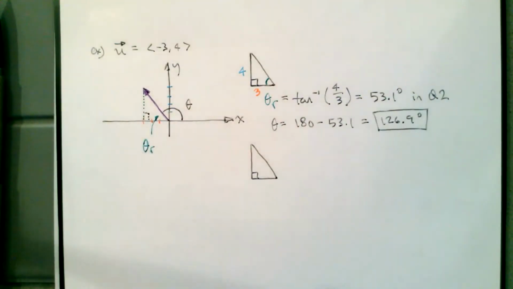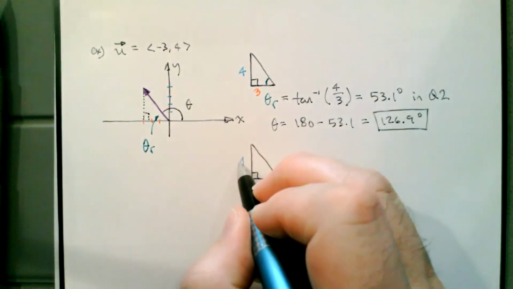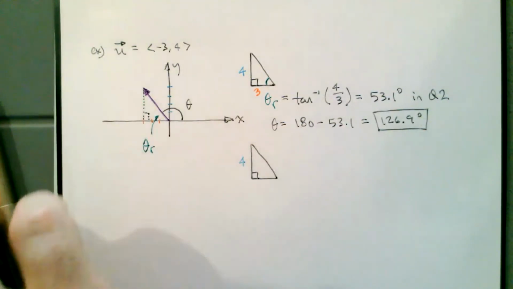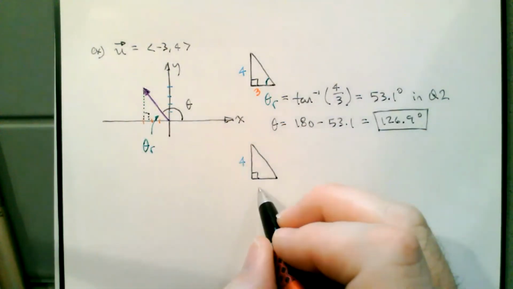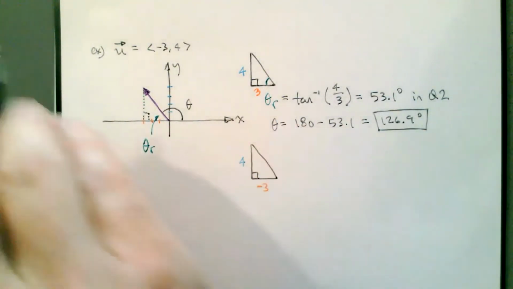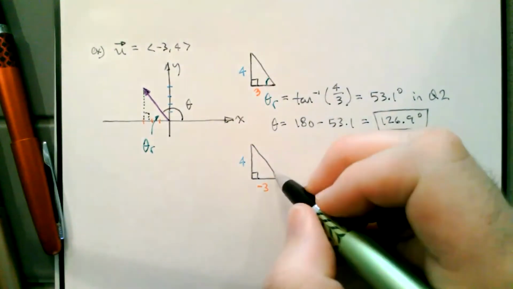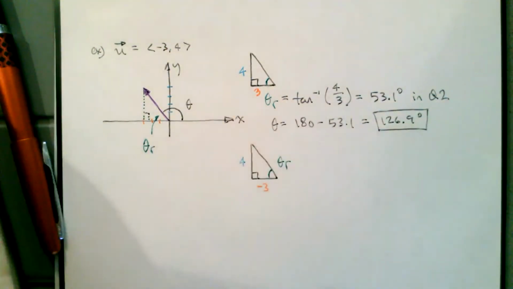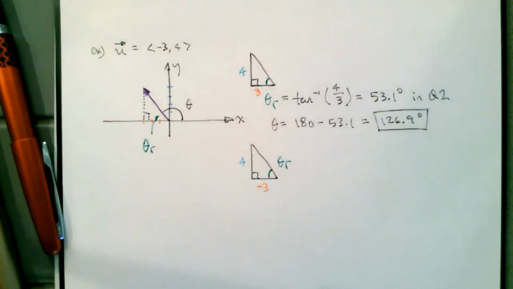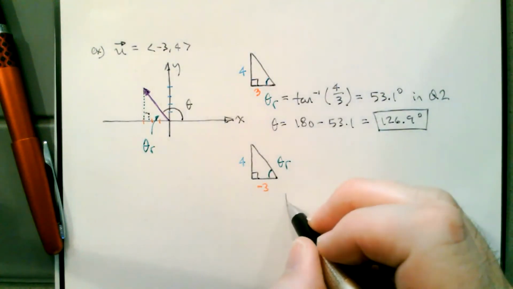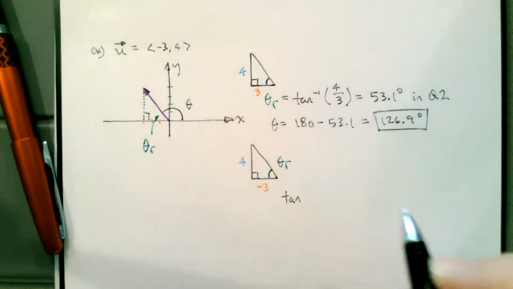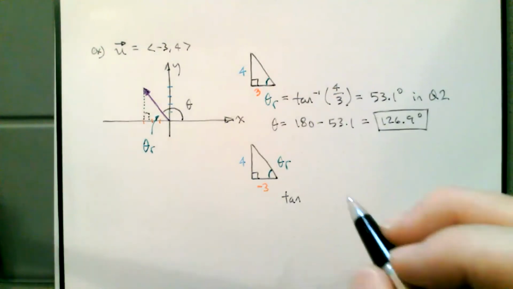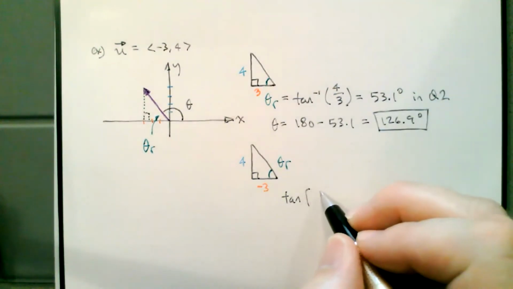You might read the opposite as 4 and the adjacent side as -3, and we're looking for this reference angle. The problem is if we use tangent inverse, not really a problem, actually it's not a problem at all, as long as we keep our wits about us.